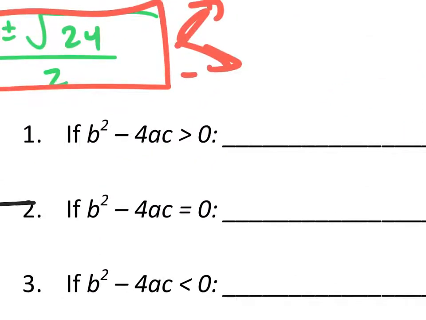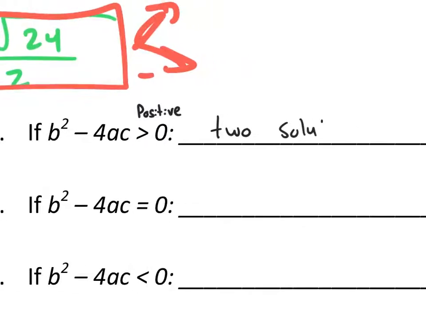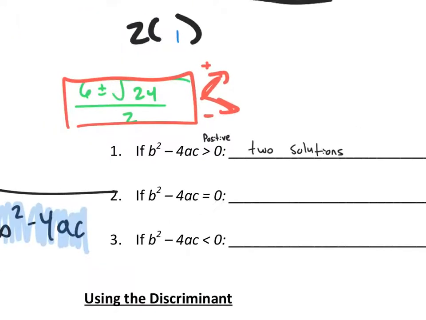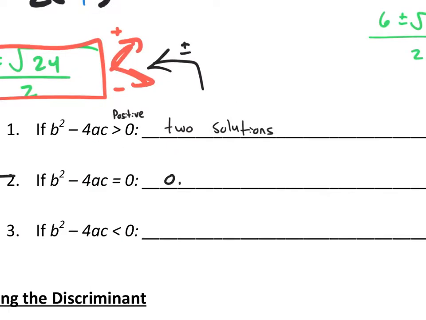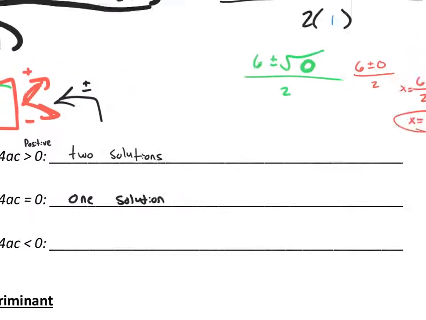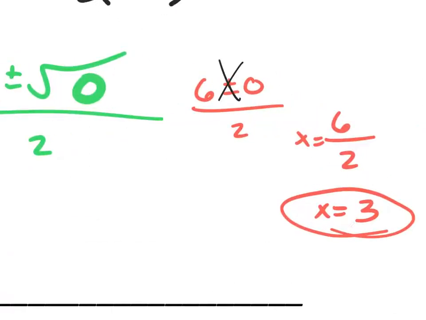So if your discriminant is greater than 0, which means it's positive, you're going to have two solutions because you'll be able to split off into both the positive and the negative case. If your discriminant is equal to 0, though, you will have one solution because there's nothing to split off with the plus or minus.